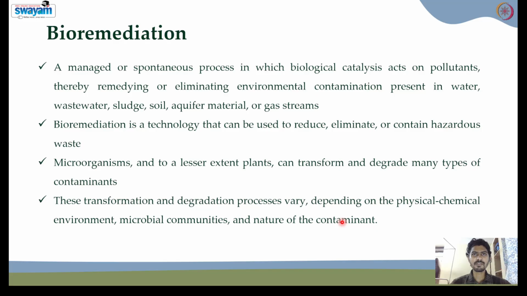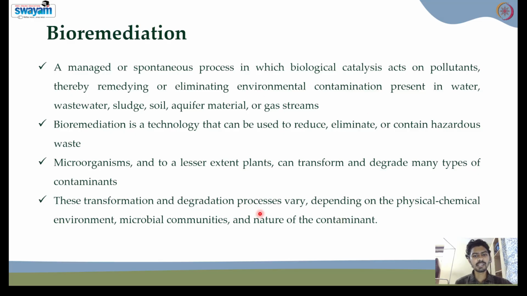That is, first is the physical and chemical factors, and it can be pH, temperature, or oxygen level, etc. Or it can be carbon source or nitrogen source. And second is the microbial community that is present in the environment. And third is the nature of the contaminants. Depending upon the source of the pollutant, the degradation and transformation varies.